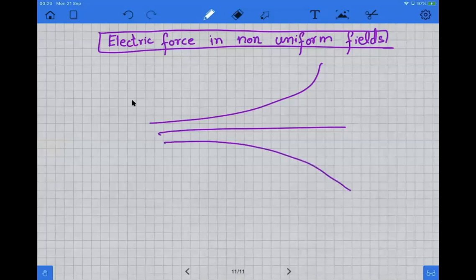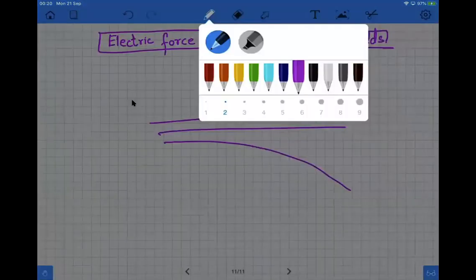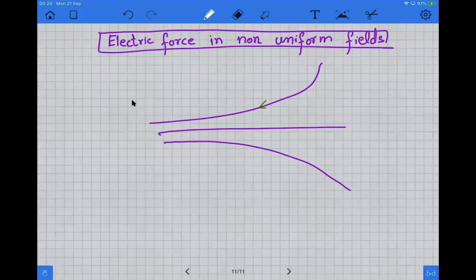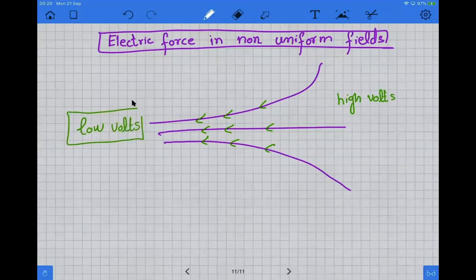If the spacing between the lines is increasing, the field is getting weaker. Now let's suppose these field lines are towards left, which shows that here we have high volts, and here we have low volts. It is the value of potential or volts that determines the direction of the field. The field is always from high potential to low potential, and here the field is non-uniform.